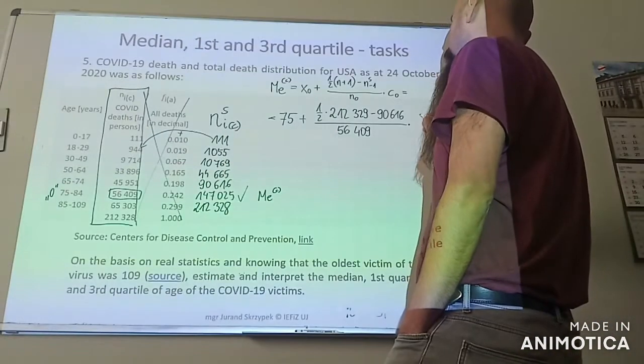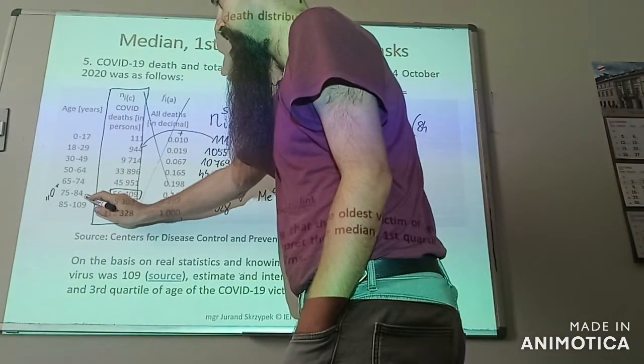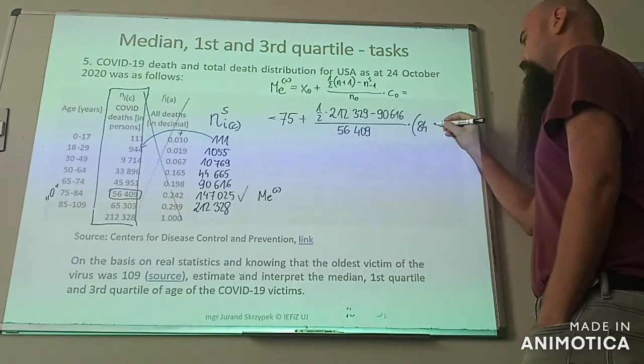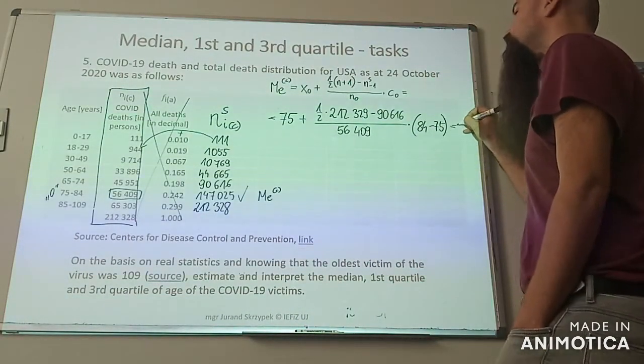The range is the difference between the upper bound of that class and the lower bound of that class.